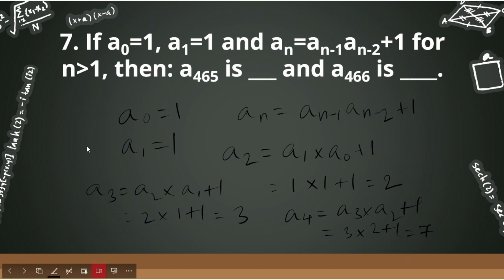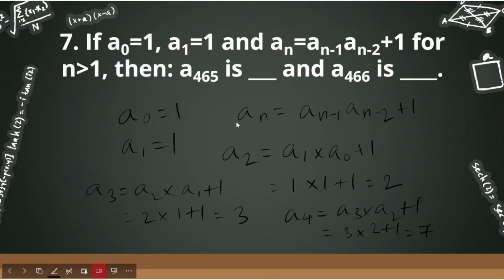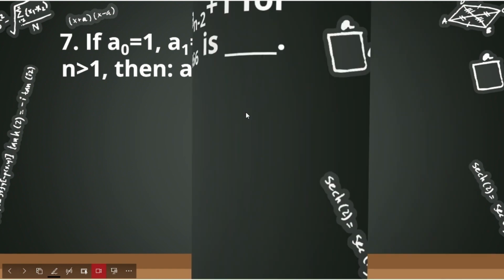Now let's find out a5. So what will be a5? a5 will be a4 times a3 plus 1. What was a4? a4 was 7, a3 was 3.